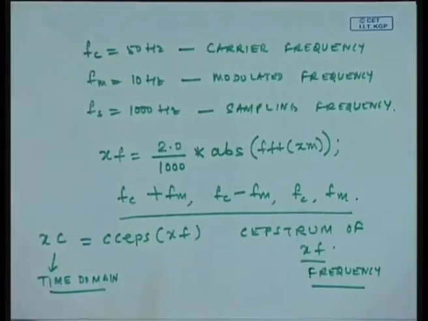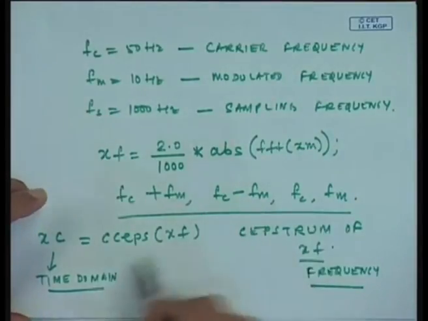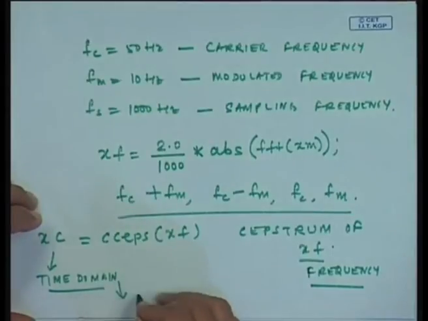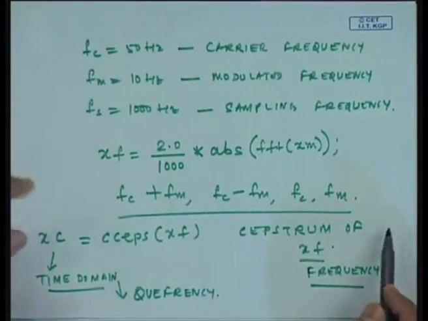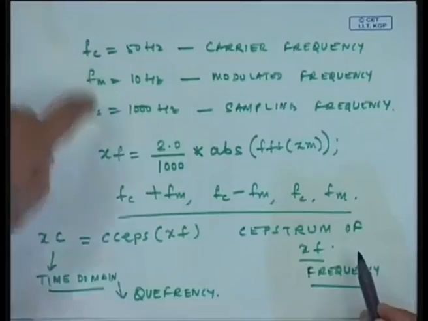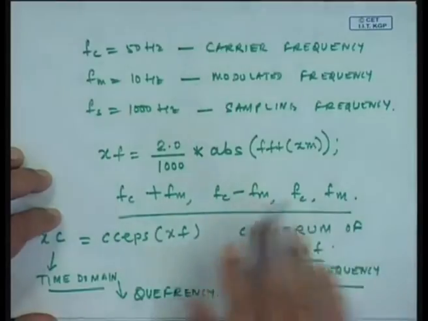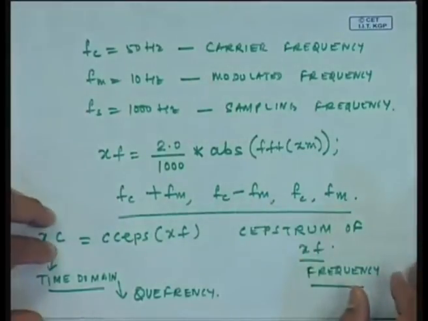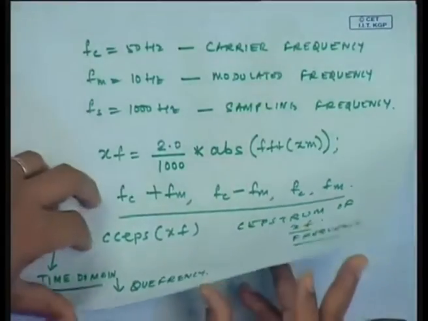So, this will give you the signals in the Q frequency. You will get the Q frequencies corresponding to the frequencies of Fc minus Fm and Fc plus Fm in the cepstrum, and you can all do this in a program like MATLAB. Okay.